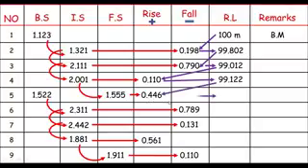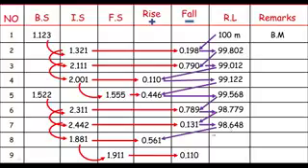99.122 plus 0.446 is of course 99.568, and 99.568 minus 0.789 is of course 98.779. Also this RL minus 0.131 is of course 98.648.